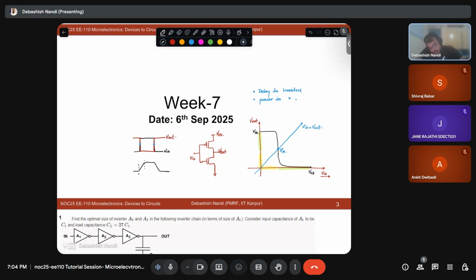So this is your rise time and this is your fall time. Similarly, assuming there is no delay, your output will be something like this. So these are the points that you consider as your switching threshold, where the output switches from one state to the other. This point is generally at the voltage VDD by 2, generally.